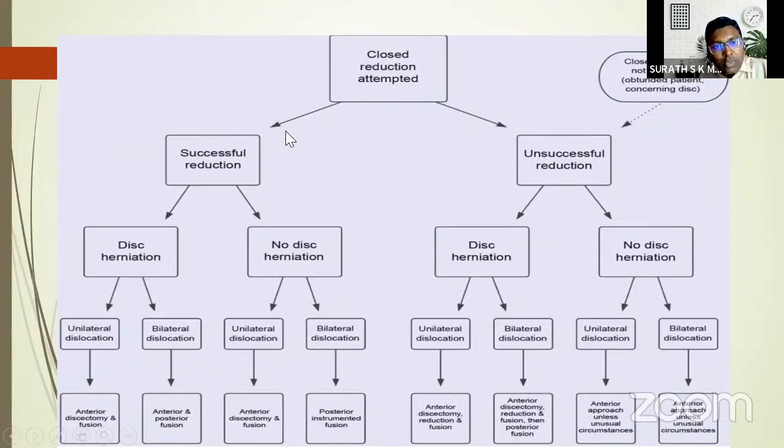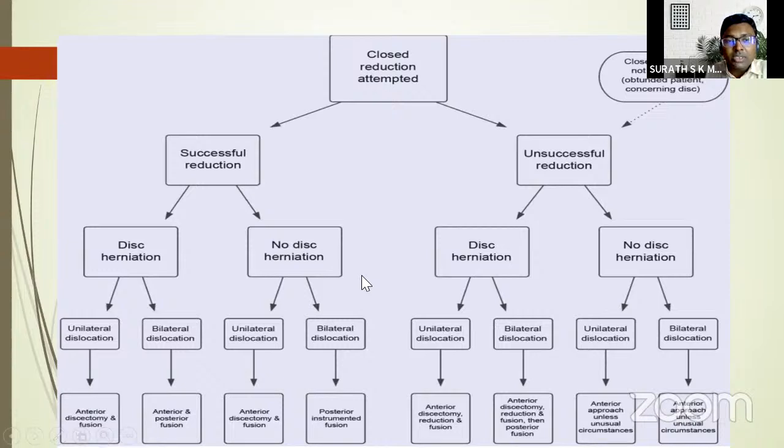If the reduction is successful, it depends on whether there is a disc herniation or not. If there is a disc herniation and it is unilateral, an anterior approach is enough according to them. If it is bilateral, we do 360-degree, both anterior and posterior.